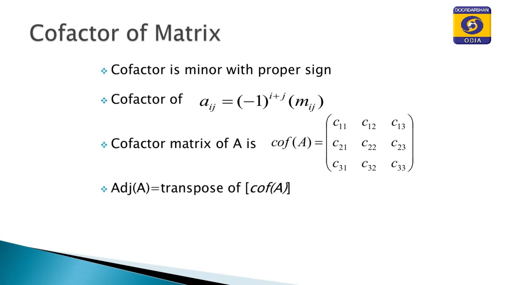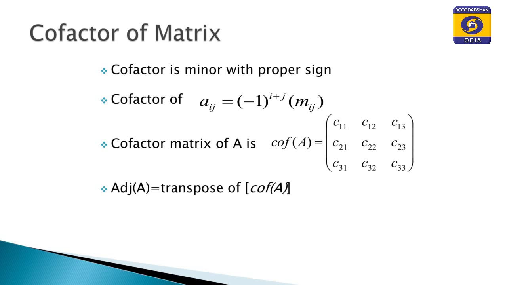The sign of Aij is minus 1 to the power i plus j. Hence we have the cofactor matrix, denoted by cofactor of matrix A, that is equal to C11, C12, C13, C21, C22, C23, C31, C32, C33, where C11, C22 are the elements of the cofactor matrix.